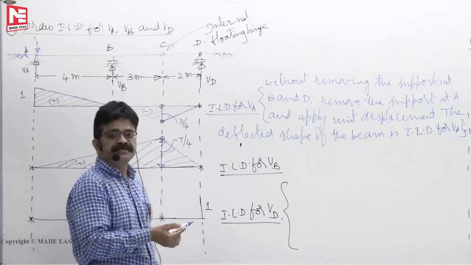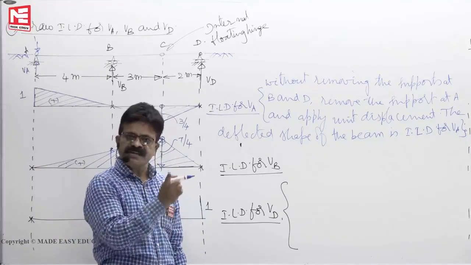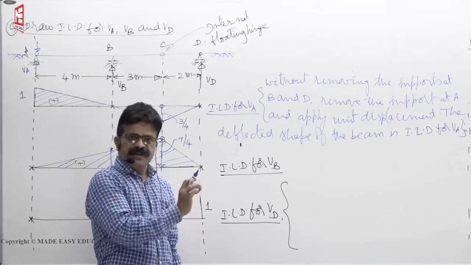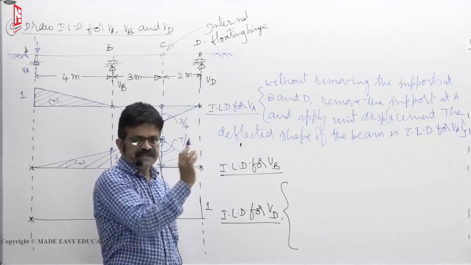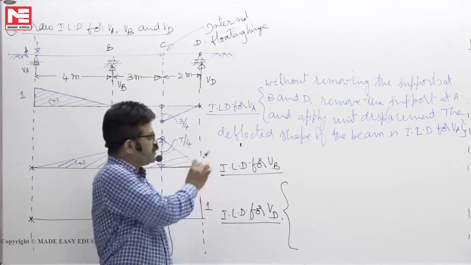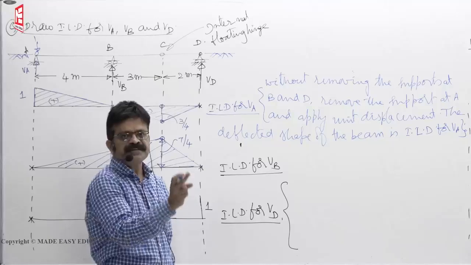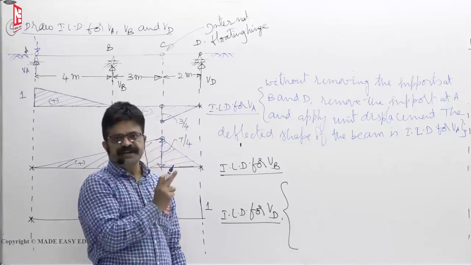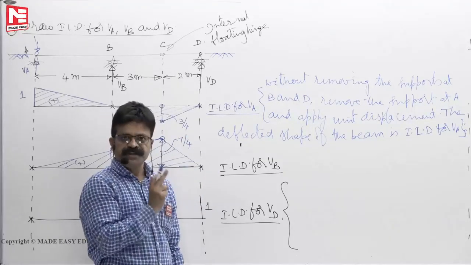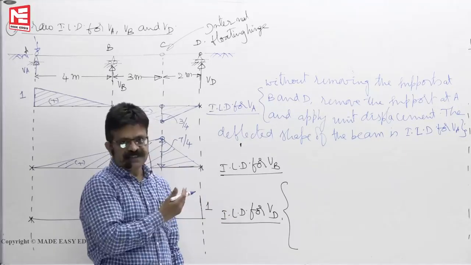Why should we not do that? Because in a determinate structure, removing the support implies that it is unstable. Then any rigid body displacements only you have to draw. Principle of virtual work for statically determinate structures is that removing the support implies that it undergoes rigid body translation or rigid body rotation. So that's how we have taken it in engineering mechanics.